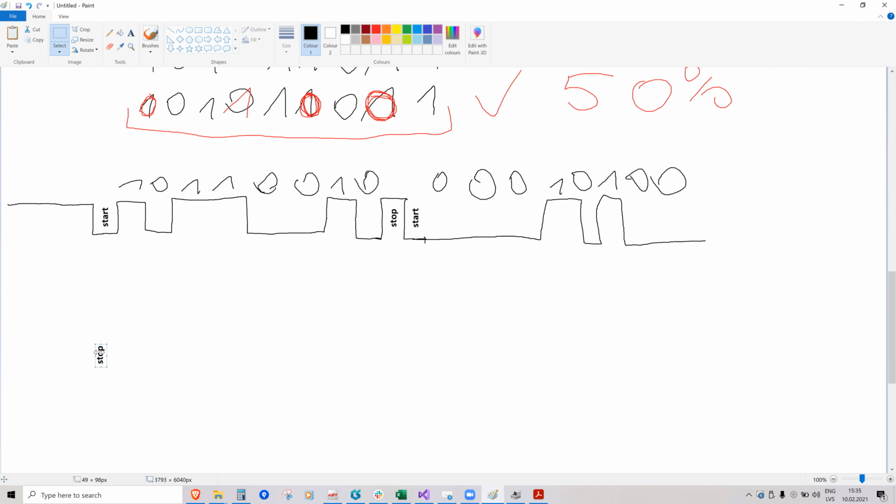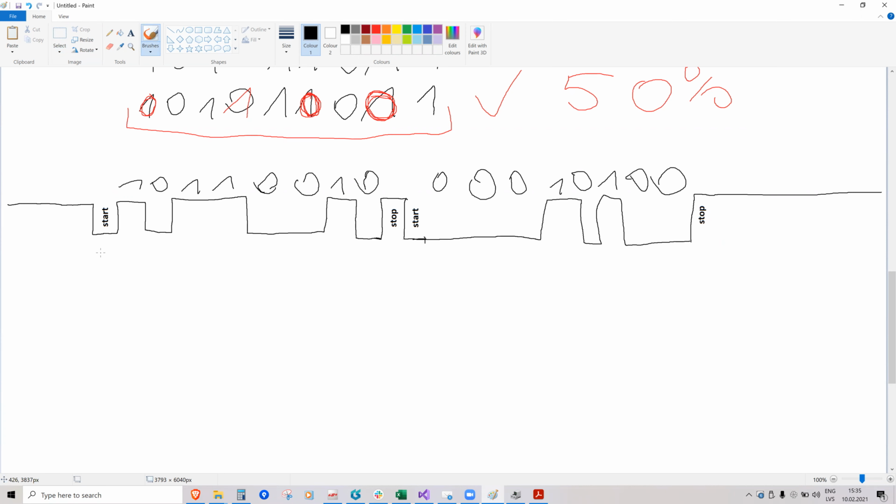And the second stop bit at the end of the second byte. So it happens like this, and then the line goes idle again. So I sent 2 bytes.